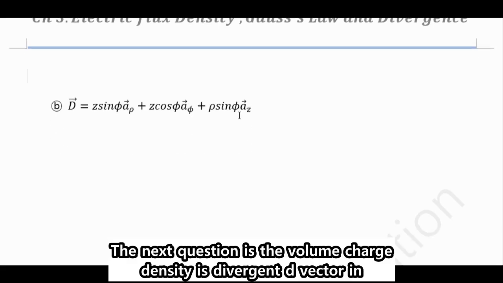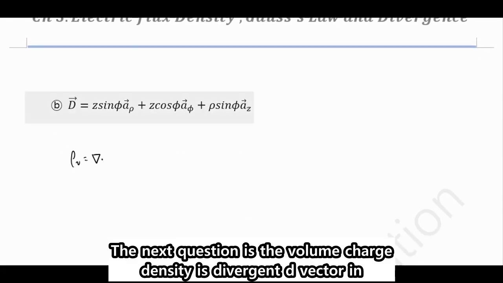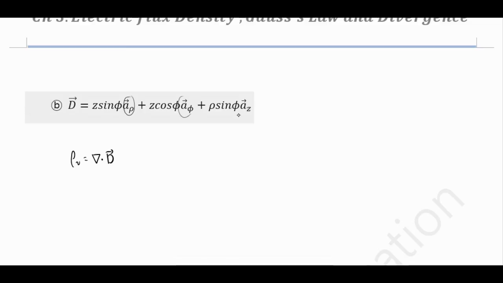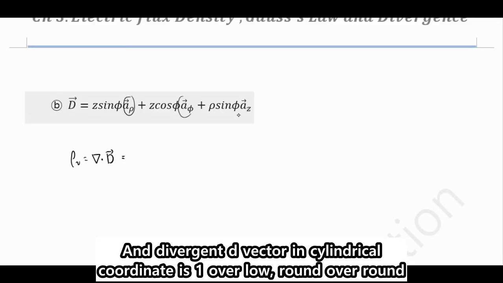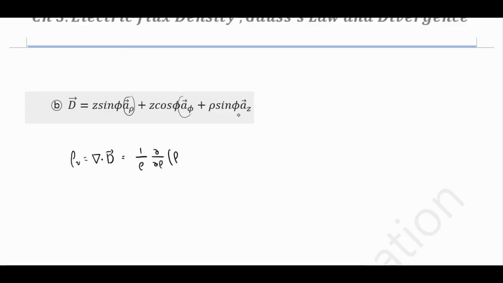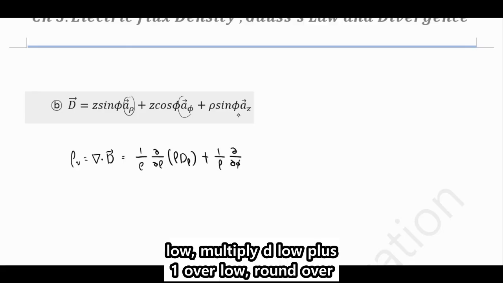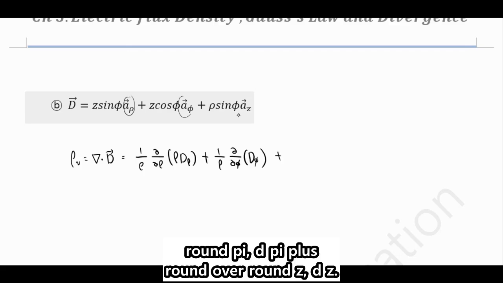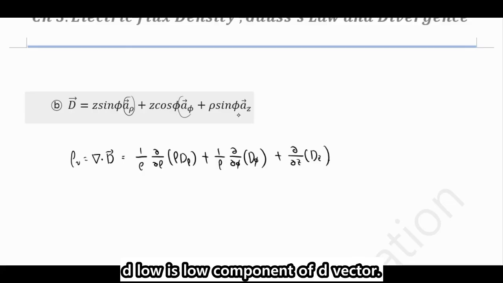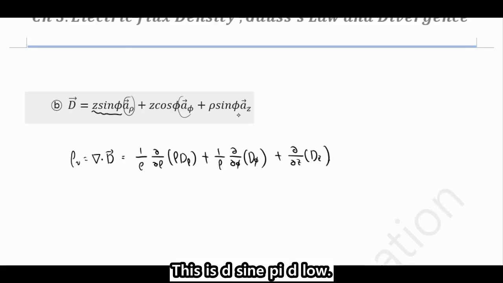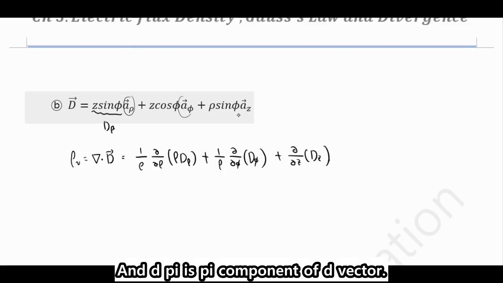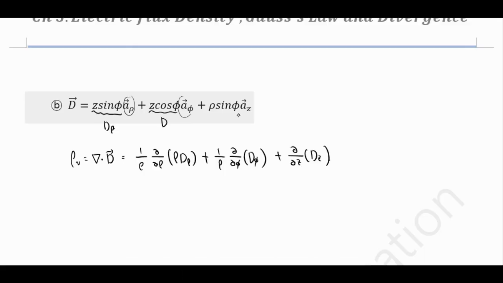the volume charge density is the divergence of the D vector in cylindrical coordinates, which is 1 over rho ∂/∂rho of rho Drho, plus 1 over rho ∂/∂phi of Dphi, plus ∂/∂z of Dz. Drho is the rho component of the D vector, which is z sine phi. Dphi is the phi component of the D vector, which is z cosine phi.